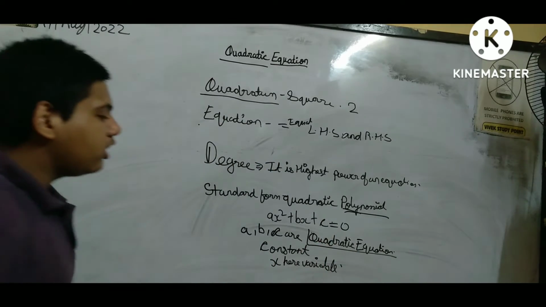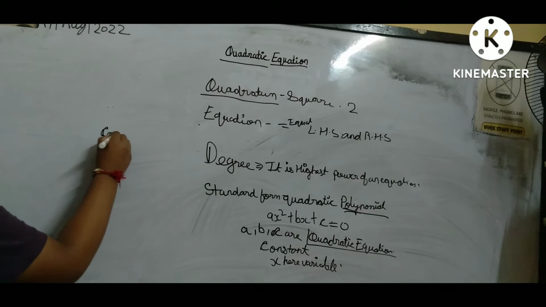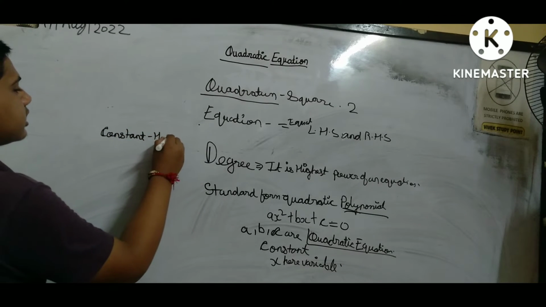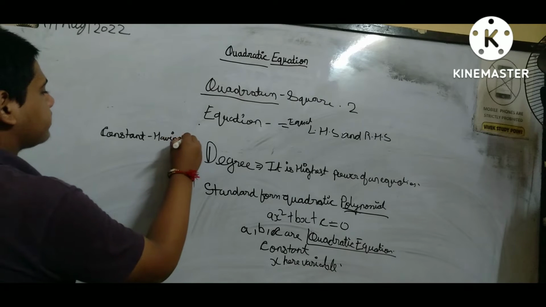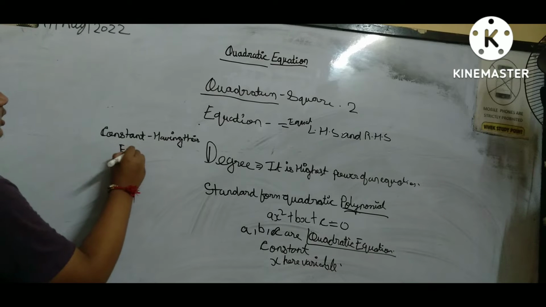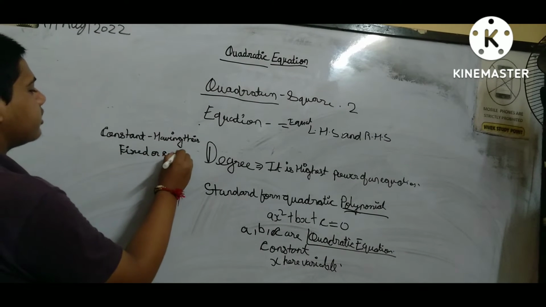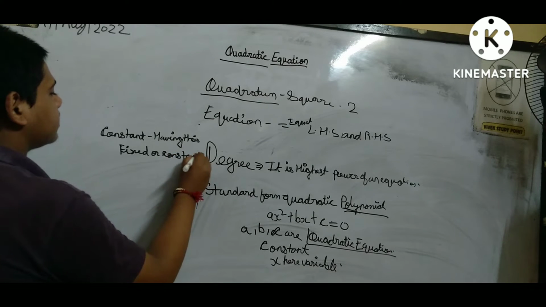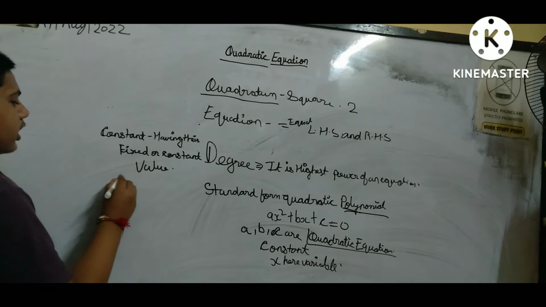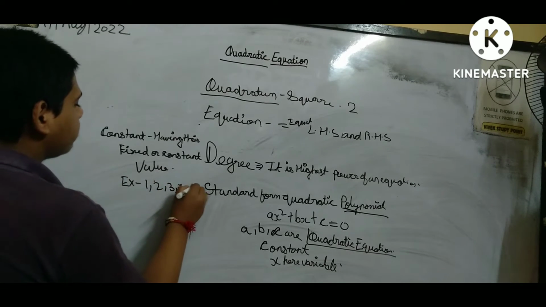Now let's discuss the constant and variable. Actually, constants are the terms having a fixed value. They are fixed, or you can say constant, values. For example, numeric values 1, 2, 3, 4 and so on.